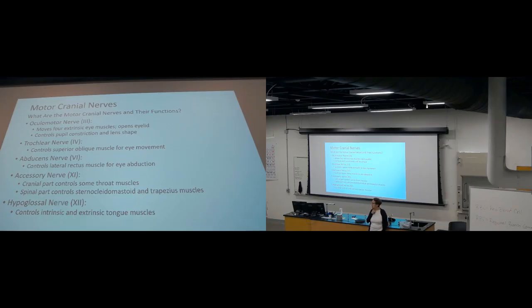So that's cranial nerve number 11. Hypoglossal helps us to move the muscles of our tongue, intrinsic and extrinsic. And that one passes on the side of the spinal cord in the foramen magnum, passing through the hypoglossal canal.